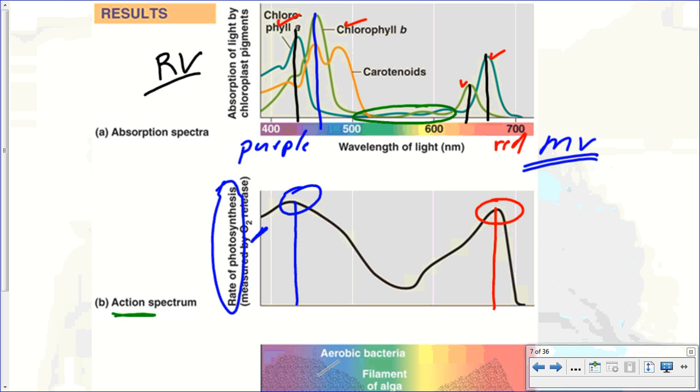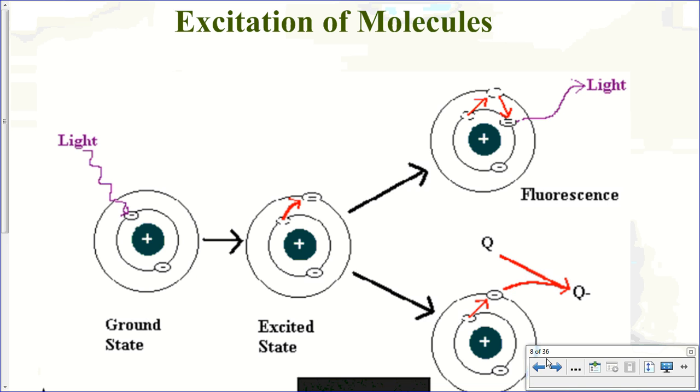So important for you to understand that, yes, it is those pigments, the chlorophyll pigments, that are responsible for absorbing light energy, and it's those pigments that are then going to be responsible also for the process of photosynthesis. What is actually going on when these pigments do absorb light energy is they're going to be exciting electrons.